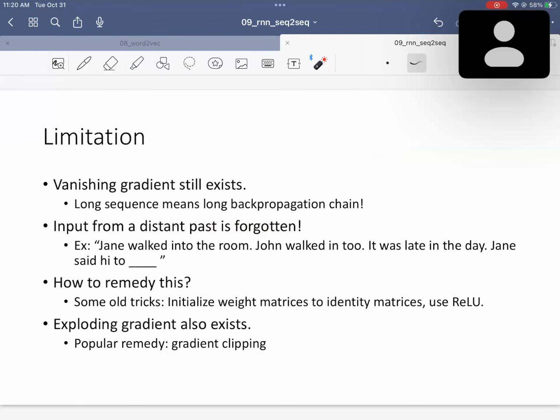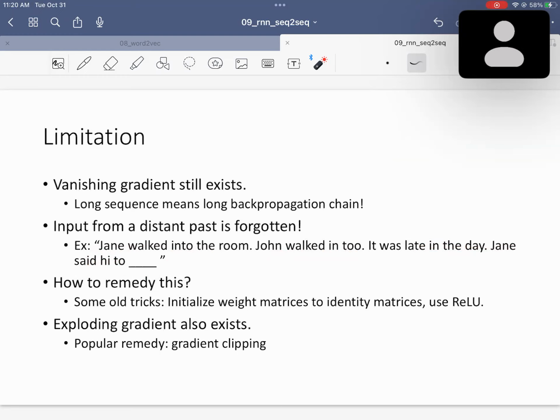This was one of the challenging tasks in papers back in 2016, 17, before Transformer came out. Like, Jane walked into a room, John walked into it too, it was late in the day, and Jane said hi to John. You need to remember all this together to say this is John. So it has a long-term dependency.